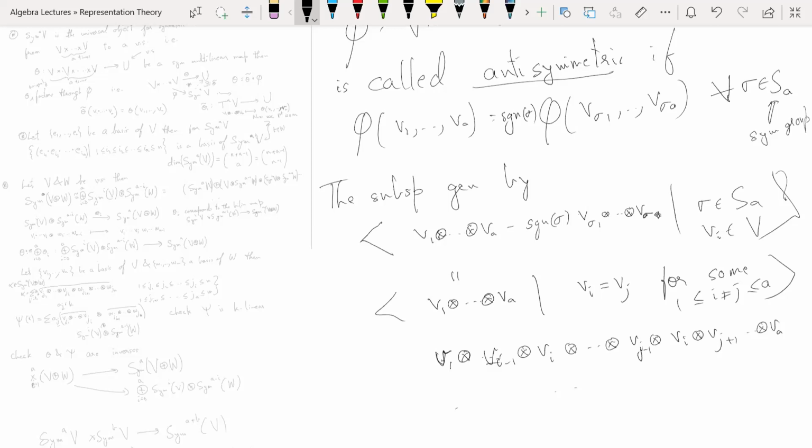I wanted to say that the quotients of these two are the same.